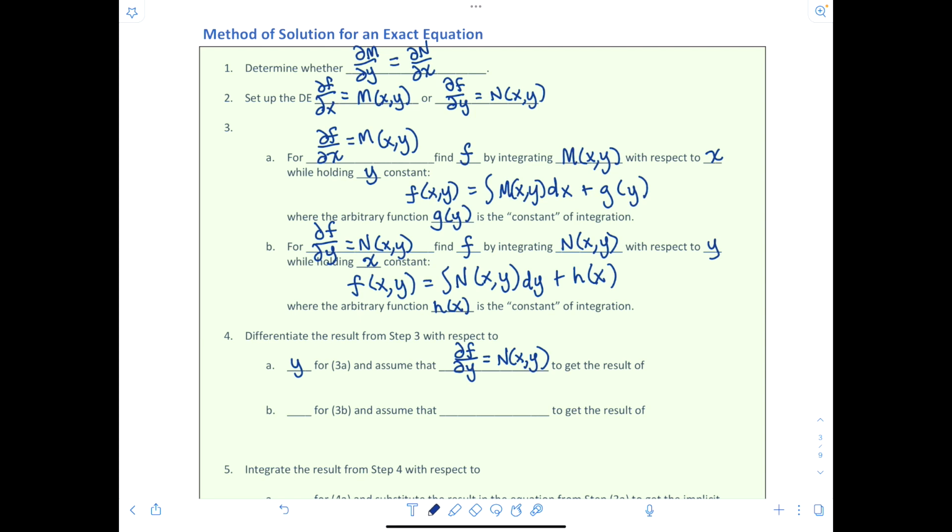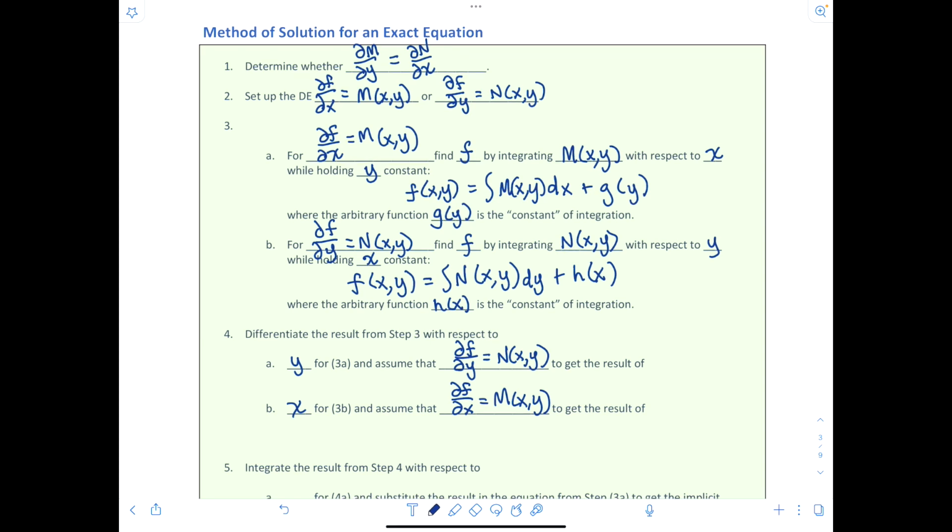If you did the setup for 3b, you're differentiating with respect to x and assume that the first partial of f with respect to x is equal to M at x and y. So when we differentiate, we're going to get the first partial derivative of f with respect to y, which is equal to capital N at x and y.